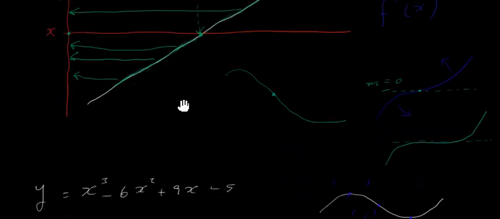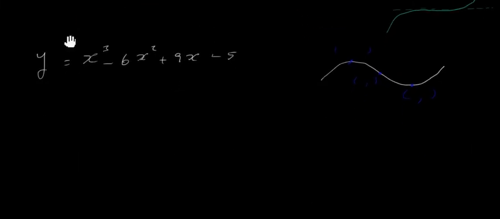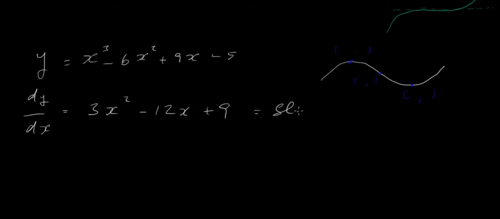So let's do that. I'm going to differentiate first, so I'm going to do dy/dx. Differentiate y with respect to x, that gives me 3x squared minus 12x plus 9. Now this is effectively my slope function. It gives me the slope of any tangent on this curve.